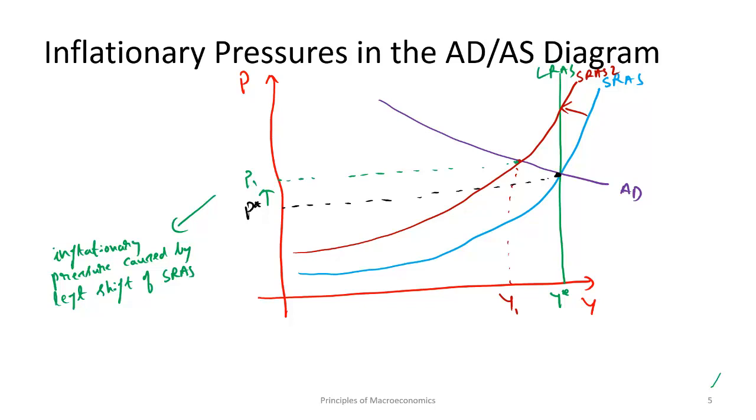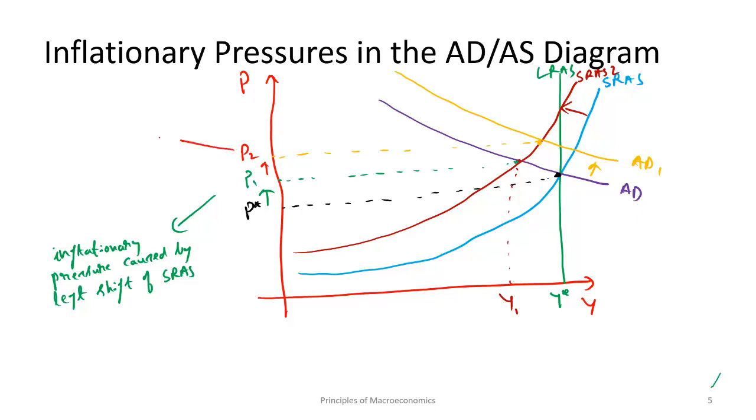For whatever reason, if your aggregate demand shifts right, let me show you here. So your aggregate demand shifted right. As a result, what happened to prices? Prices increased even further to P2, to here.